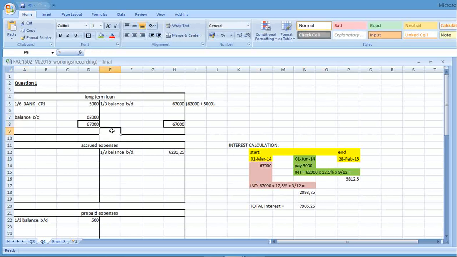Balance carried down, balance brought down. And that would be a long-term account, T account.